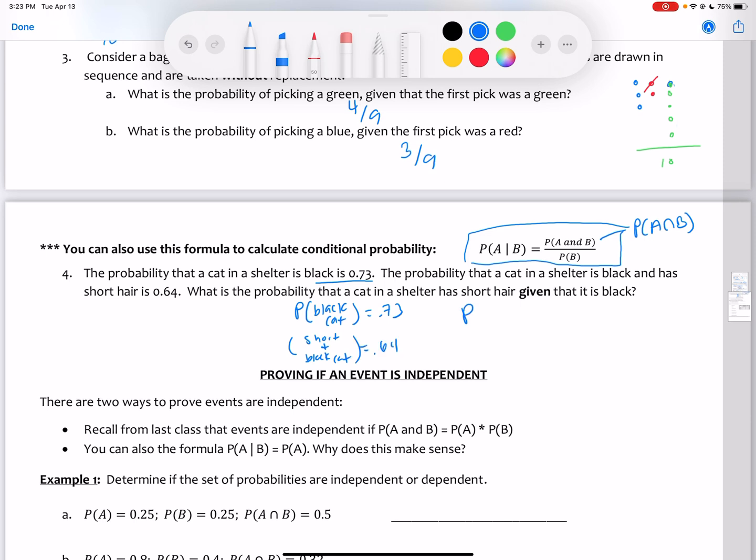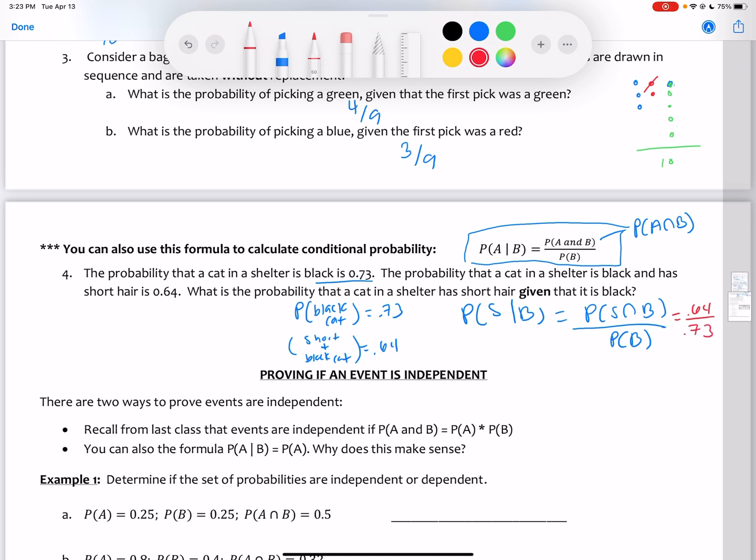What's the probability the cat has short hair given that the cat is black? So that's going to be the probability of short hair and black over the probability that it's a black cat. So the given condition is always what you're dividing by. So then I already have those data values for you. So all you're doing is taking 0.64 dividing by 0.73.